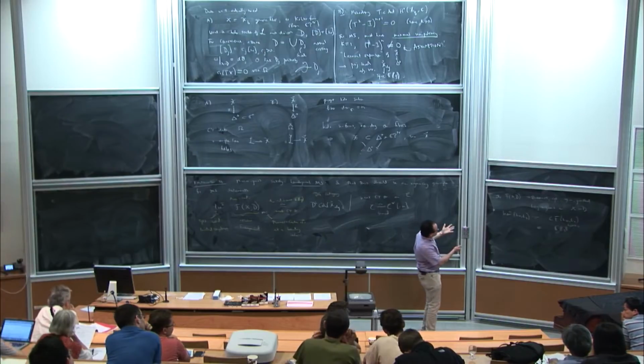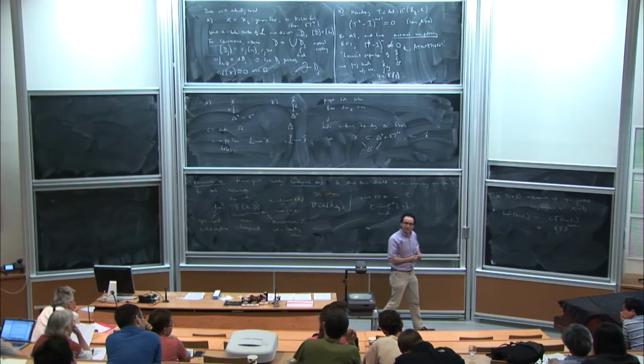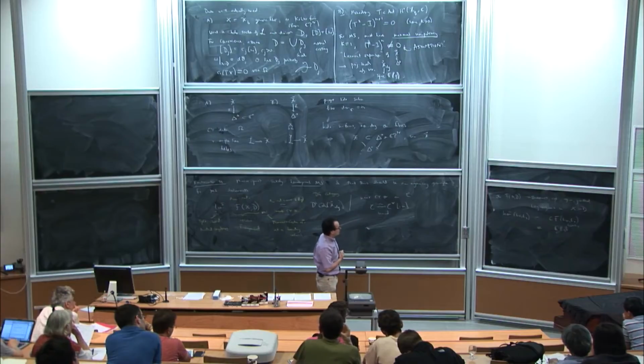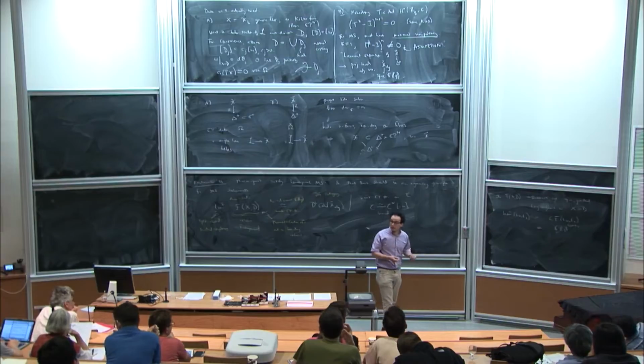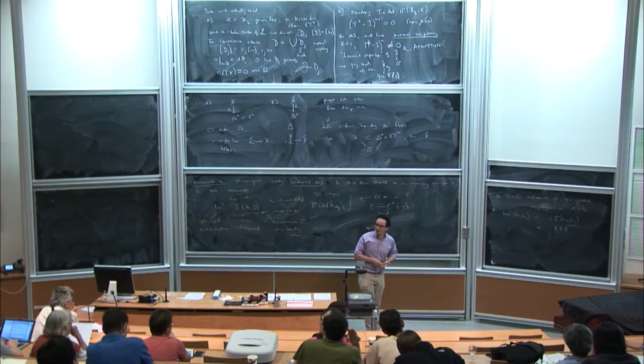Then the A-infinity structure involves holomorphic disks bounding various Lagrangians, and those are counted with powers of Q that record how many times they hit your divisor.